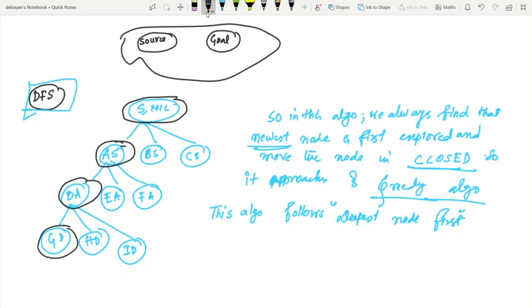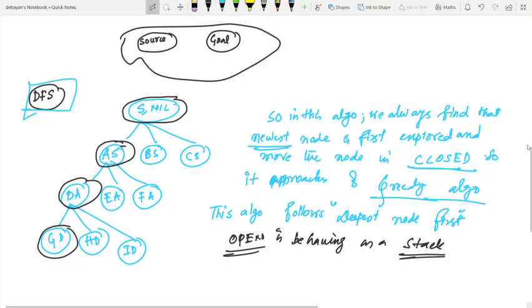If it reaches the goal node, then the algorithm stops, and this particular open, where we are selecting a particular node, behaves as a stack. So the search space for DFS looks like that.